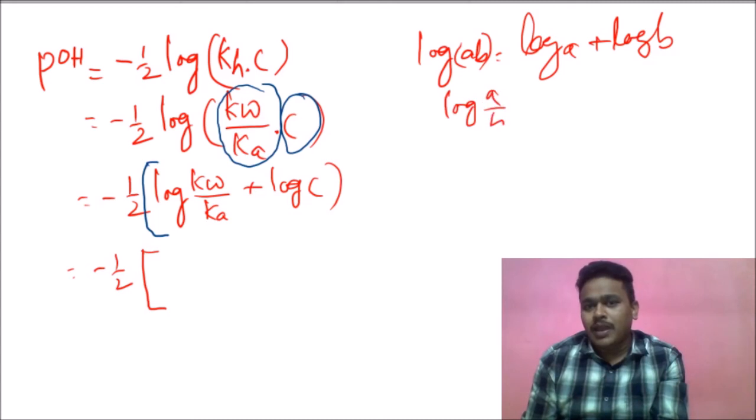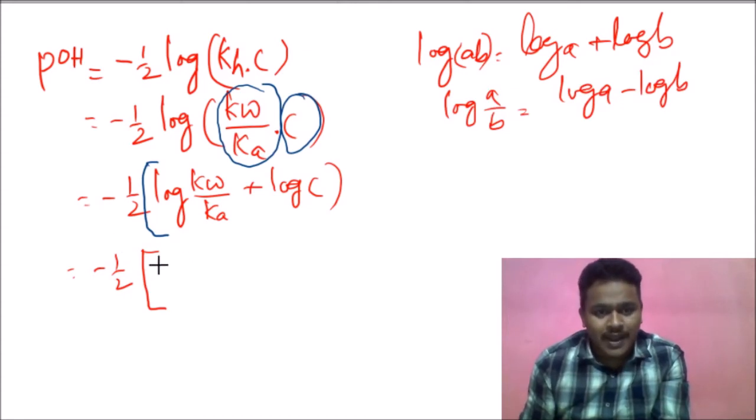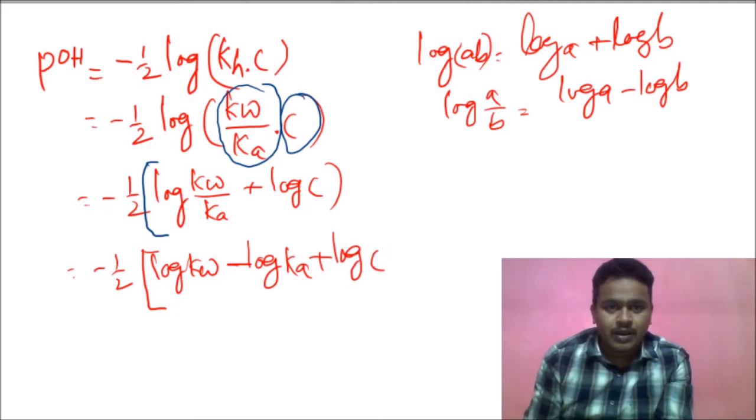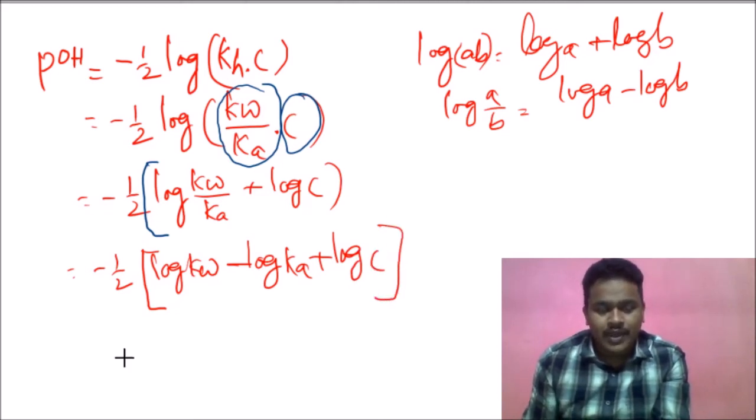Log a by b, what is the format? Log a minus log b. This also you can expand. Log kw minus of log ka plus log c. Okay, now this minus I will send inside.